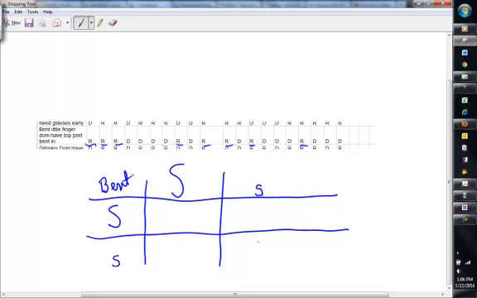We had, now I forgot what number that was. 8? 1, 2, 3, 4, 5, 6, 7, 8. We had 8 out of 20 were in that box down there.